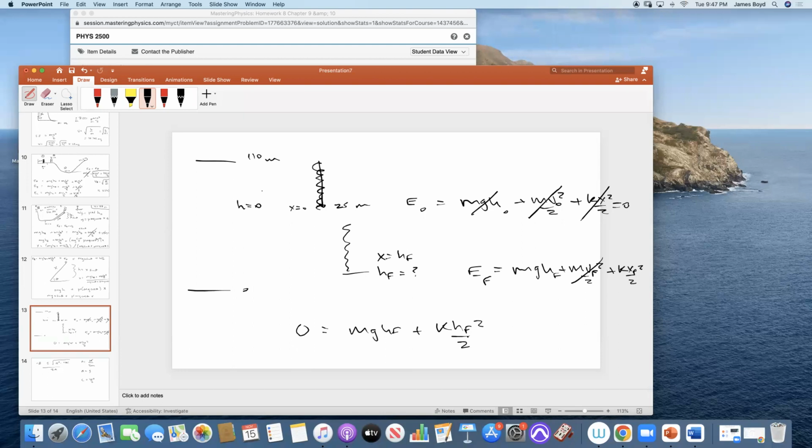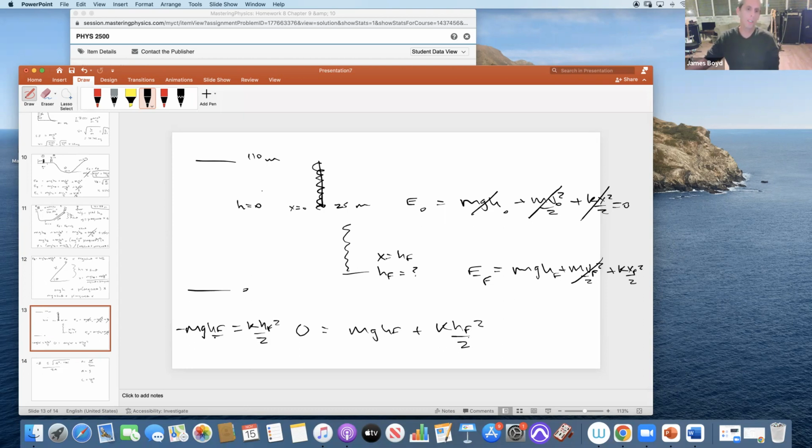Okay. So if I move this over, I get that mgh final with a negative sign is equal to k h final squared over 2. Divided through by h final, I get negative mg is k over 2 h final, or h final is negative 2 mg over k.